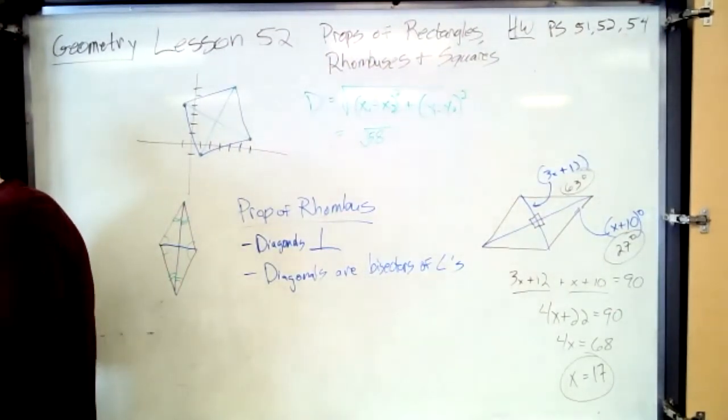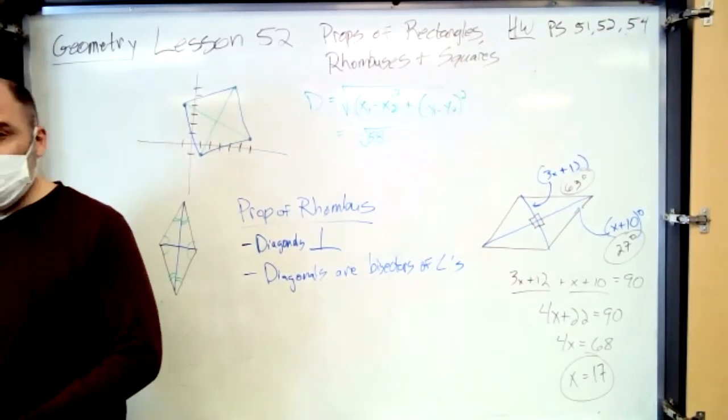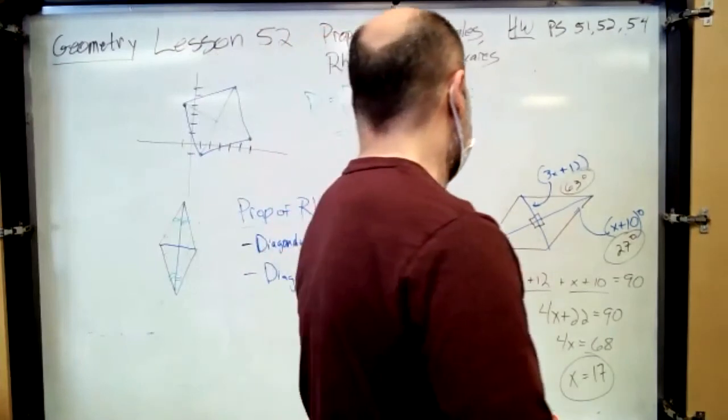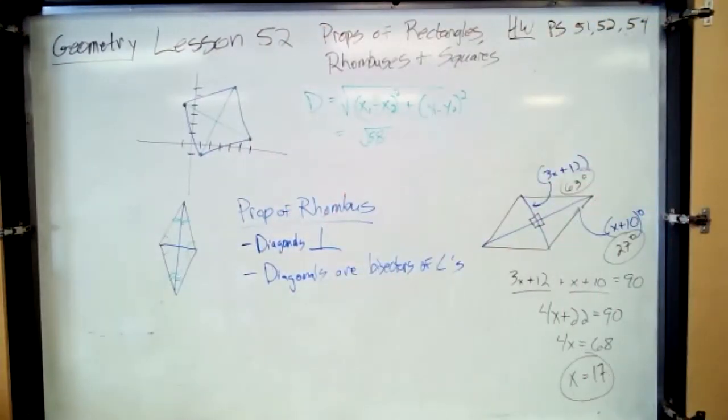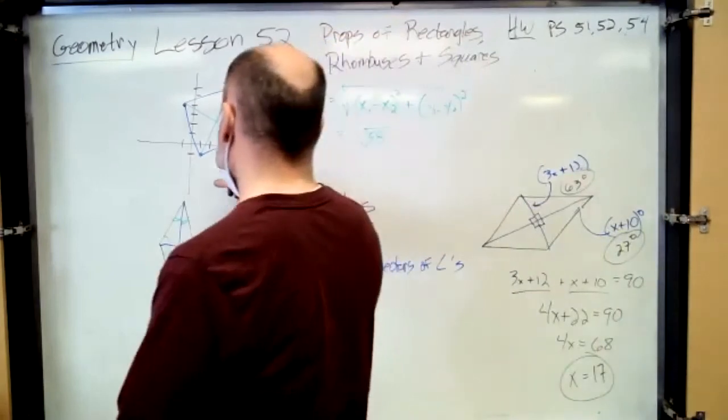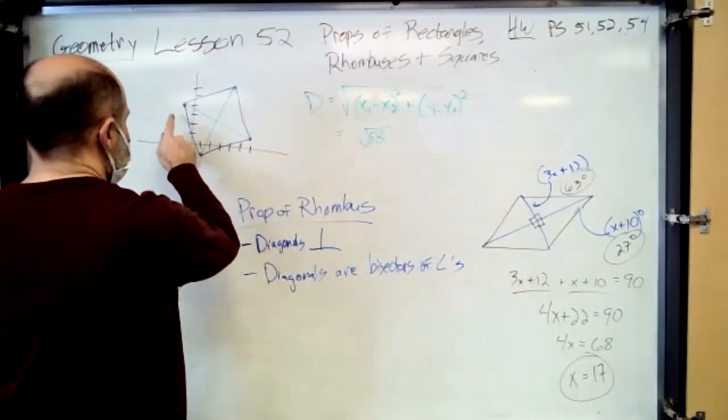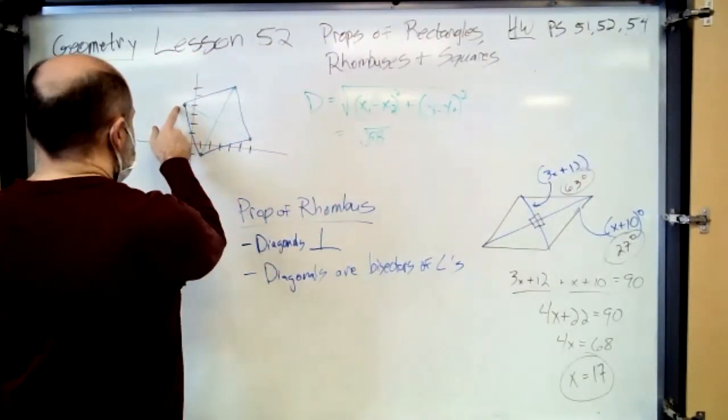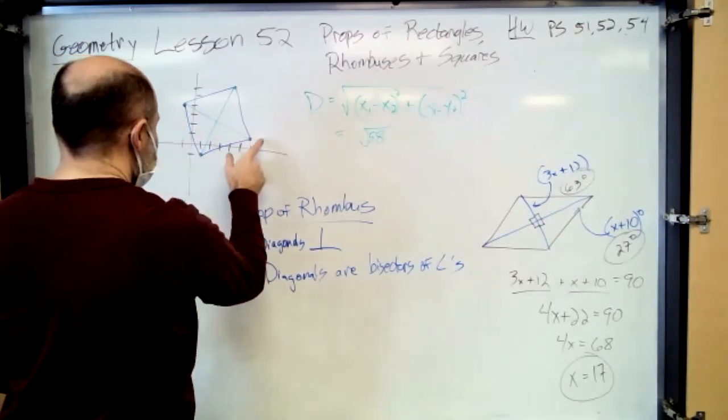So that was question A, determine whether diagonals are congruent and classify the parallelogram. Since the diagonals are congruent, it's a rectangle, because remember that was a property of a rectangle. But it's also perpendicular because these slopes are negative opposites. This goes down 3 and over 7.